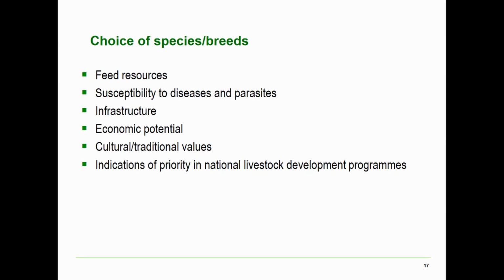Also, what infrastructure this breed requires, and if this is in place. By infrastructure I mean, for example, if a breed requires specific housing conditions, and these housing conditions are not in place or cannot be established, then this is a problem, and we need to look for another species or breed that fulfills our need.